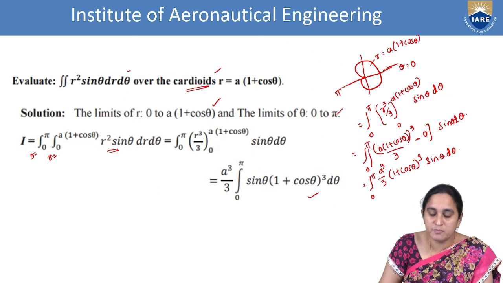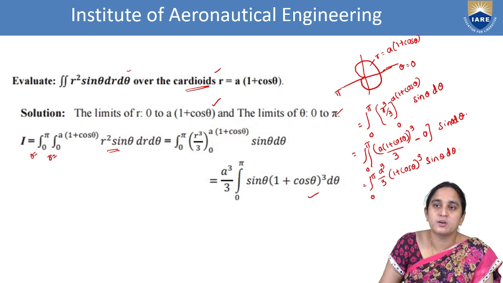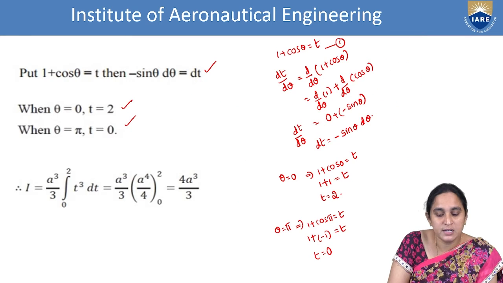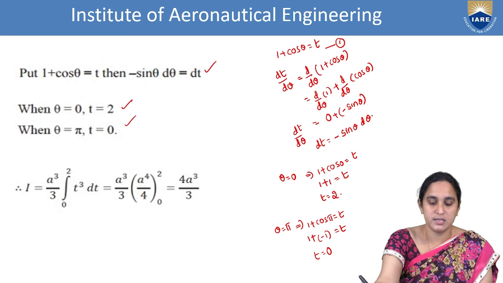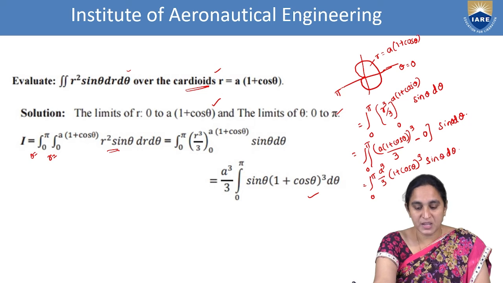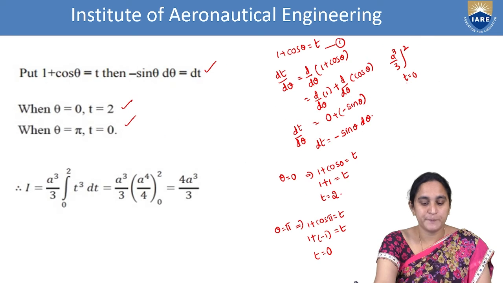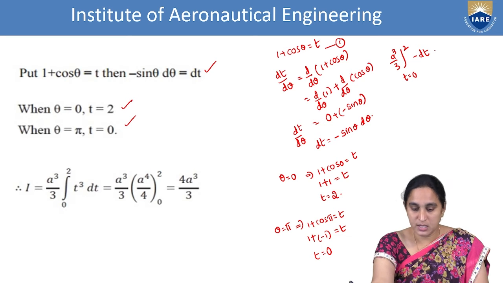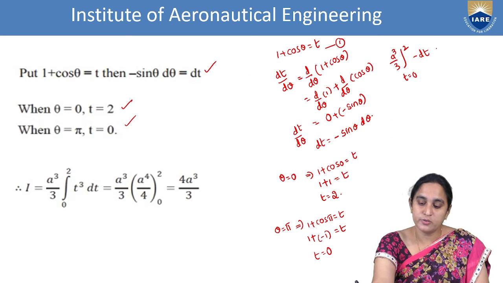What is the above step? It is a cube by 3 into the integral of 0 to pi sin theta into (1 plus cos theta) whole cube d theta. I'll convert each and every limit in terms of t, that is t from 0 to 2, and sin theta d theta is minus dt, and 1 plus cos theta is t cube.